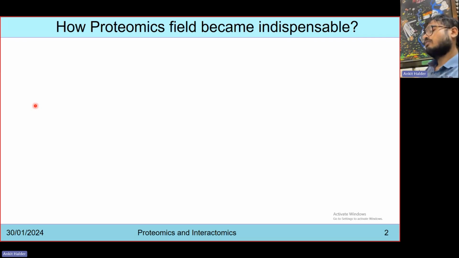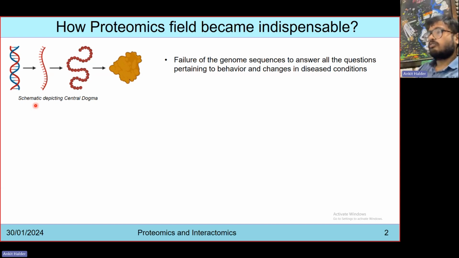So now the question came: how did the proteomics field become very useful, or needed? How will proteomics become so indispensable for this study? The genome sequences failed to answer all the questions, as I mentioned.